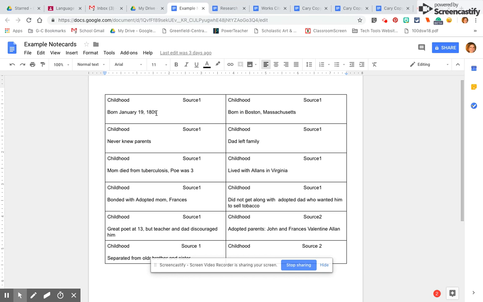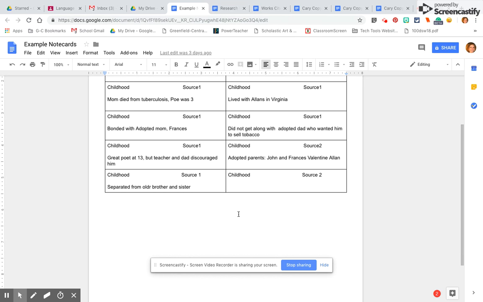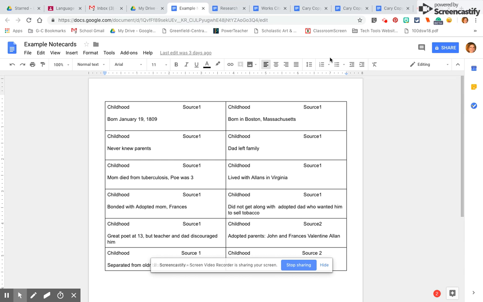That way when you write it, you're putting the fact into your own sentence structure. Okay, he was born in Boston. It talked about how he never knew his parents, so I just put that in my own words. Never knew parents. Dad left the family. Mom died of tuberculosis and Poe was 3. All right, so as you can see, this is how you do your note cards, and I will make this example available to you as well.